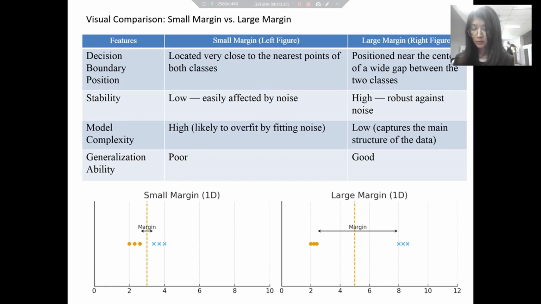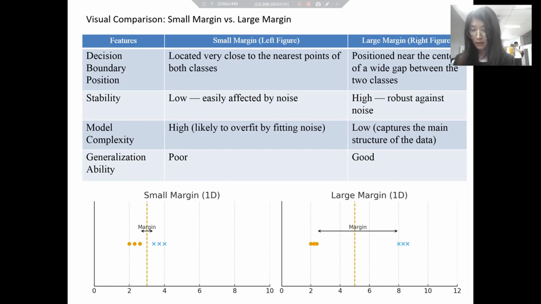Only new data points with feature values very close to 7 might be in an uncertain state, and this range is much larger than in the left figure. This corresponds to a simple, robust model. It gains stronger generalization ability for unknown data.